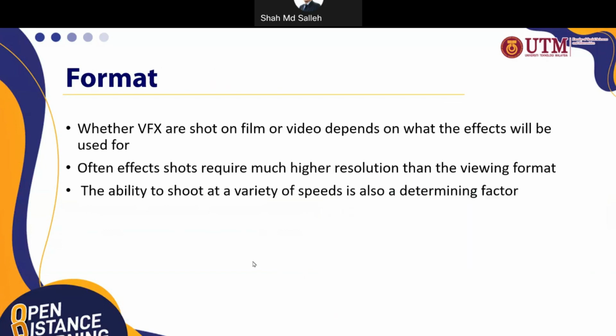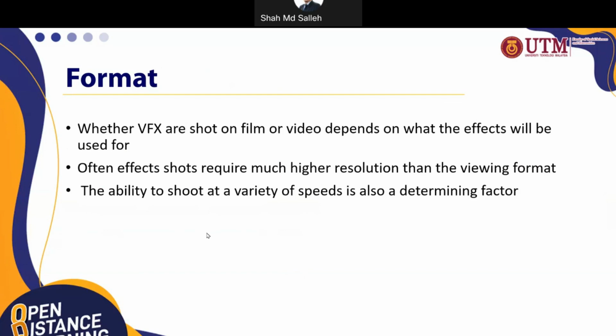Whether video is shot on film or video depends on what the effect will be used for. Often an effect shot requires much higher resolution than the viewing format, for example because it is easier to manipulate in the post-production process.